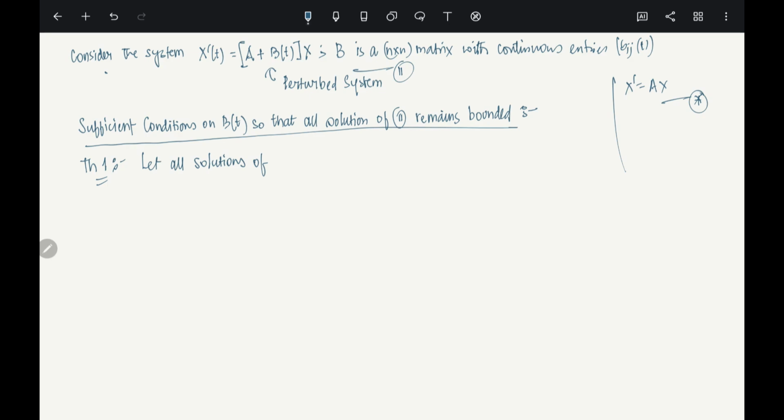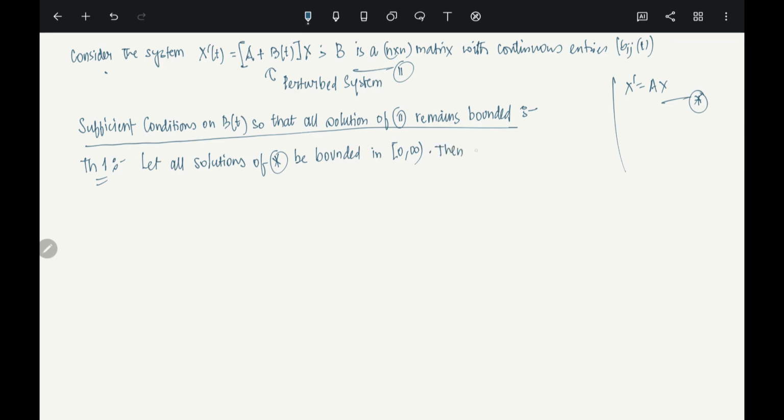So let all solutions of star be bounded in 0 to infinity. We are not looking at negative t, only positive t, because our goal is to find out what happens as t tends to infinity. You can do the exact same analysis as t tends to minus infinity by looking at minus infinity to 0.